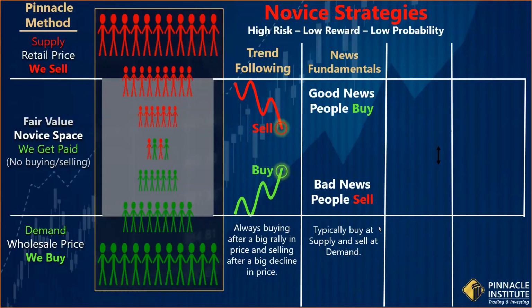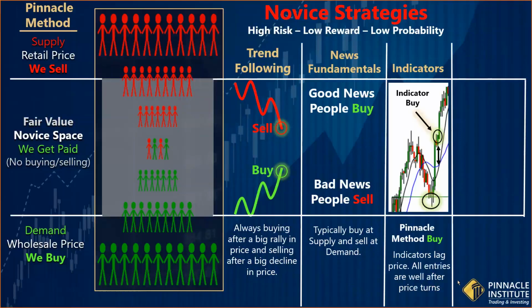Okay. How about people who use indicators and oscillators, moving averages, all those tools like CCI and Bollinger Bands and stochastics and all this stuff? Think about it. All of these indicators or oscillators that you can use to make buy and sell decisions in the markets, they all lag price. A moving average just lags price by however much you want to lag price by.